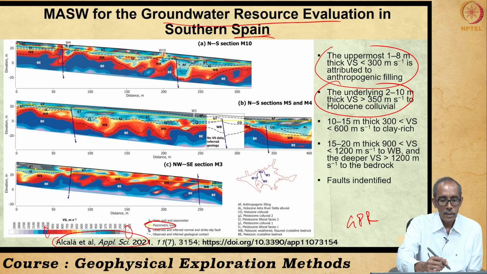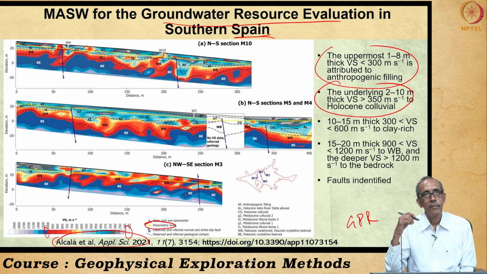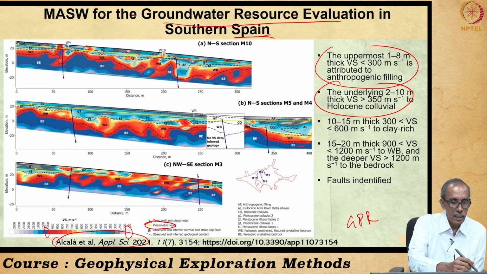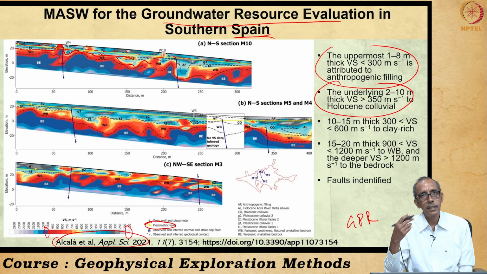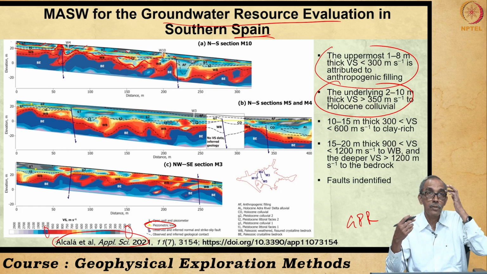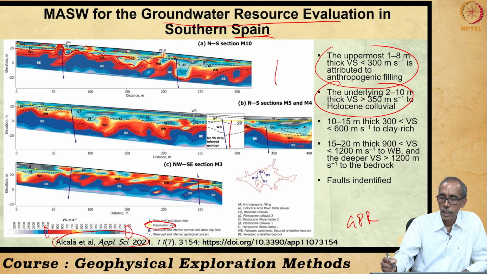And you can see the section at different locations, the velocity above and below is different, and wherever there is a major change in the velocity, probably indicating the change in the type of rocks. Certainly, isn't it? Velocity will be high only in massive rocks. So, based on the velocity distribution in all these sections, they have deciphered the subsurface geology.